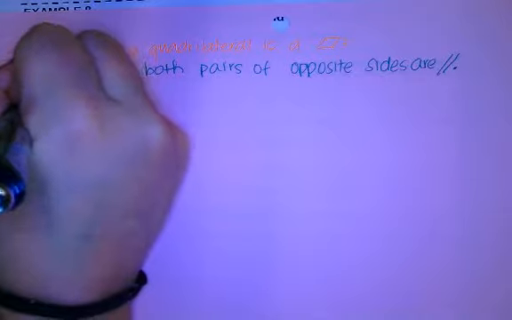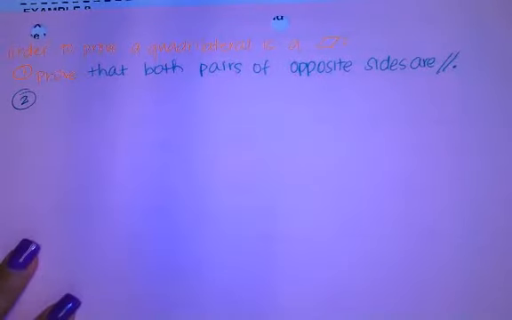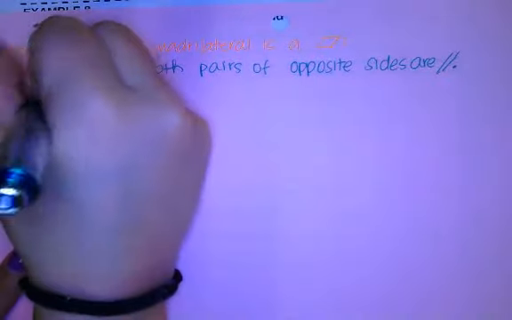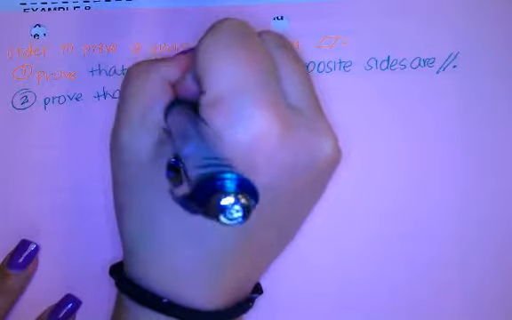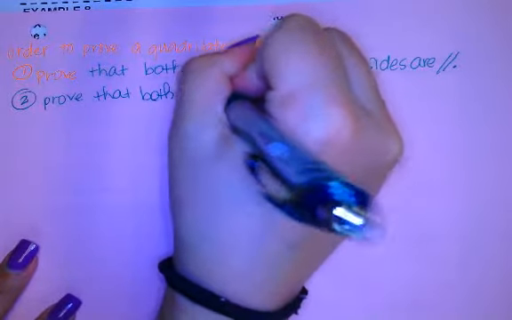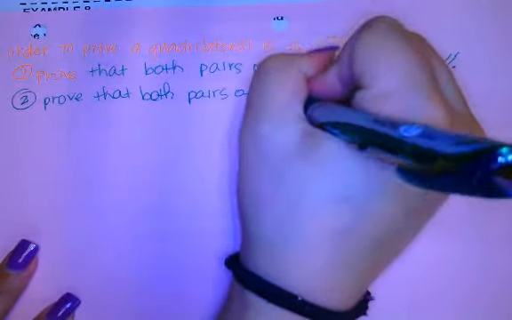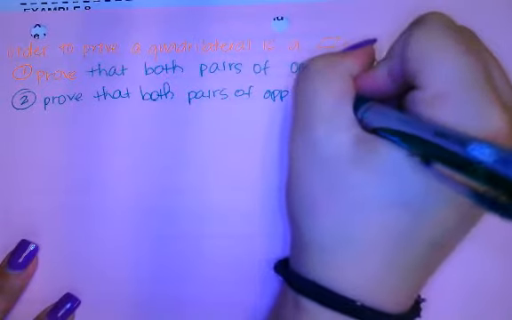The second way you can prove that it's a parallelogram is to prove that both pairs of opposite sides are congruent.